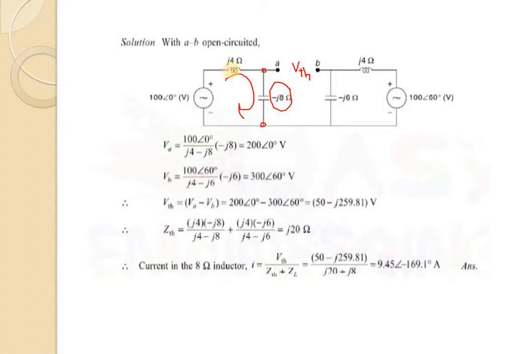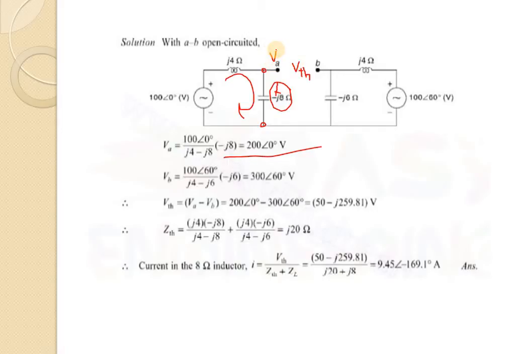Total voltage divided by the total impedance. Here total impedance is j4 minus j8. So this is our current, that means 100 divided by j4 minus j8. Now to calculate the voltage across A, we have to multiply this value by the XL value, minus j8. So this is our voltage VA.